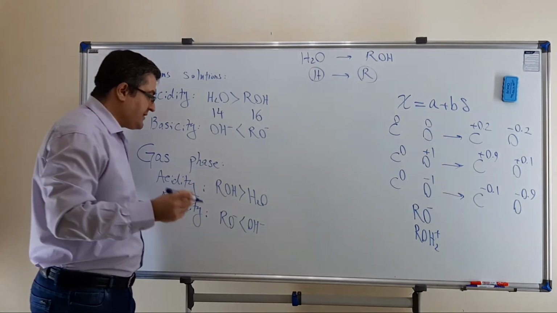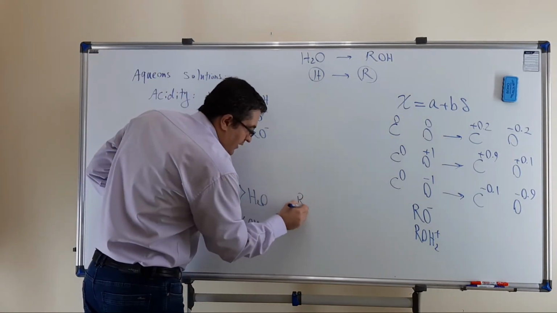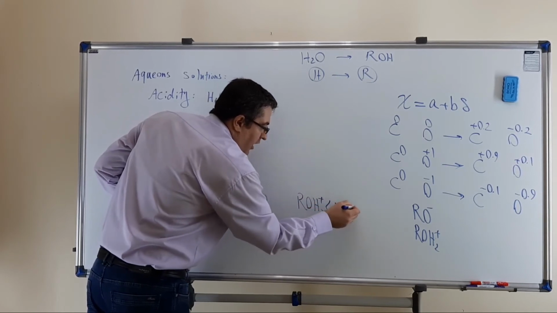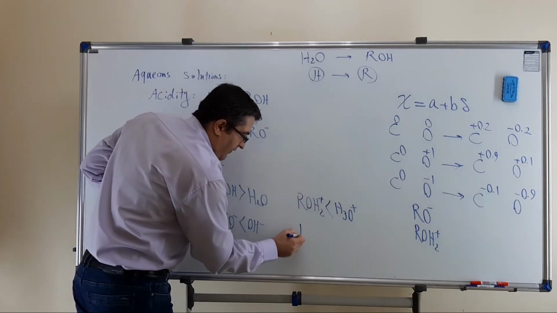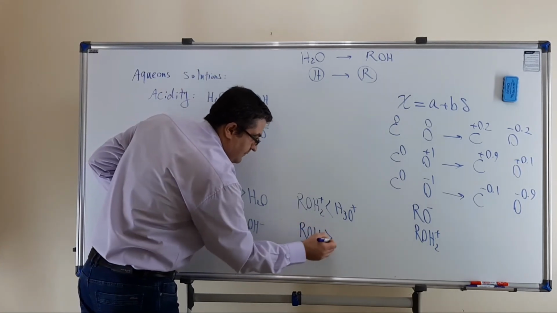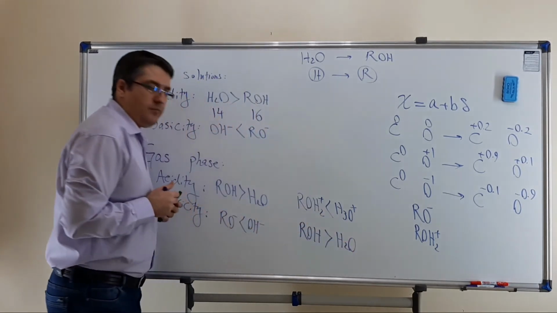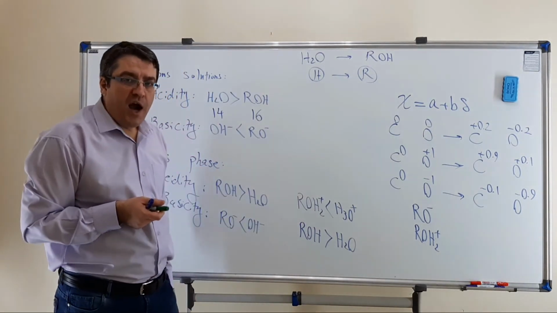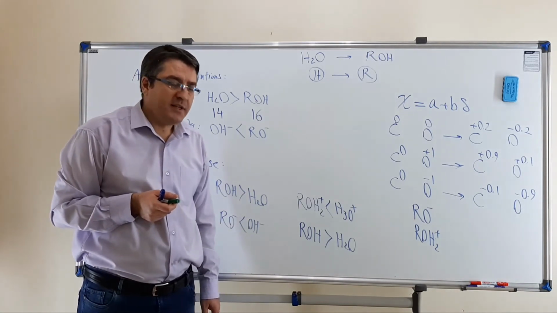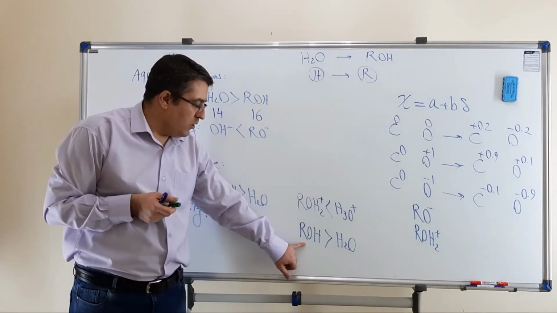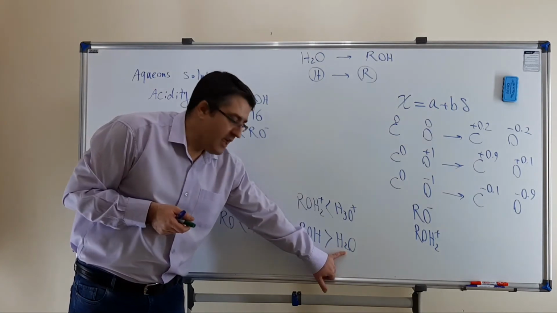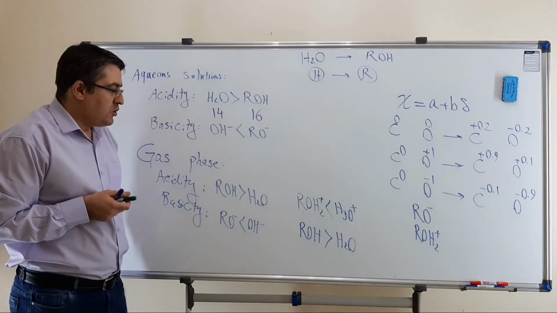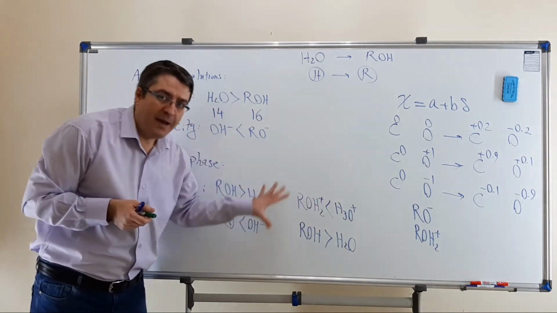We have a similar situation in the comparison of basicities of alcohols. In the gas phase, due to inductive effects and polarizability of alkyl groups, alcohols are stronger bases than water. So these are inherent acidities and basicities.